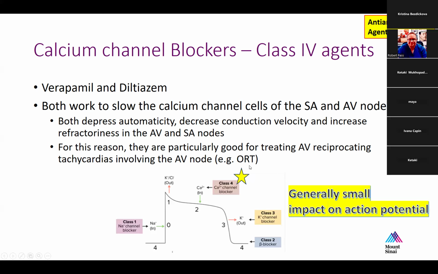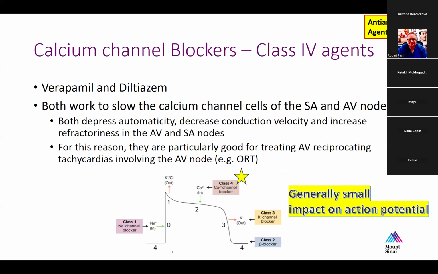Historically, it might be of interest to know that adenosine, which we now routinely use to block the AV node and terminate the most common forms of SVT, such as ORT or AVNRT, has only really been around since about the late 1980s, early 1990s.